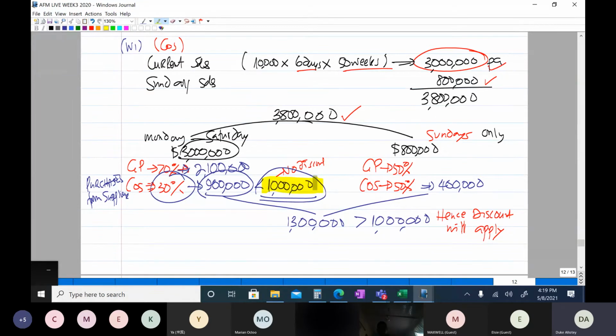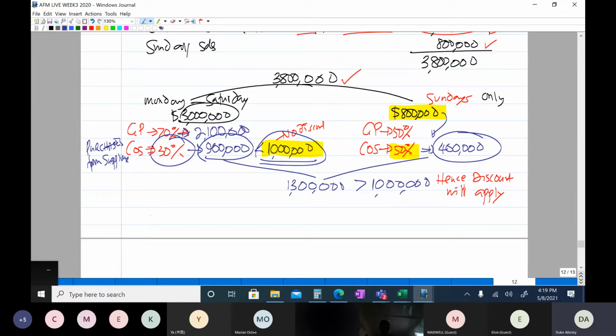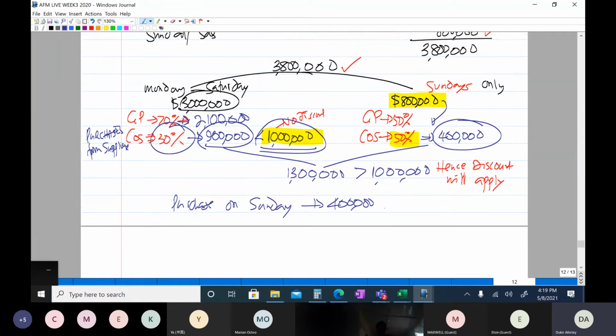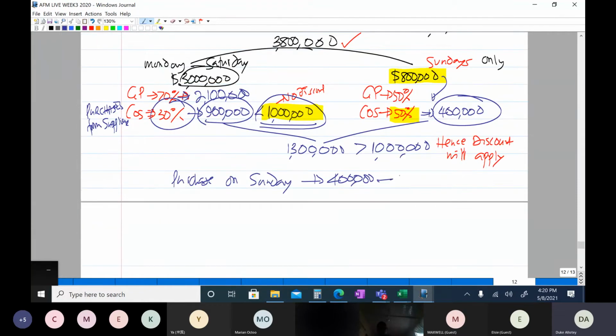So there will be no discount currently. But if we add on this 50% cost of sales here, 50% of 800,000 is 400,000. So it means that our purchases on Sunday will cost us 400,000 incremental purchases, less what?